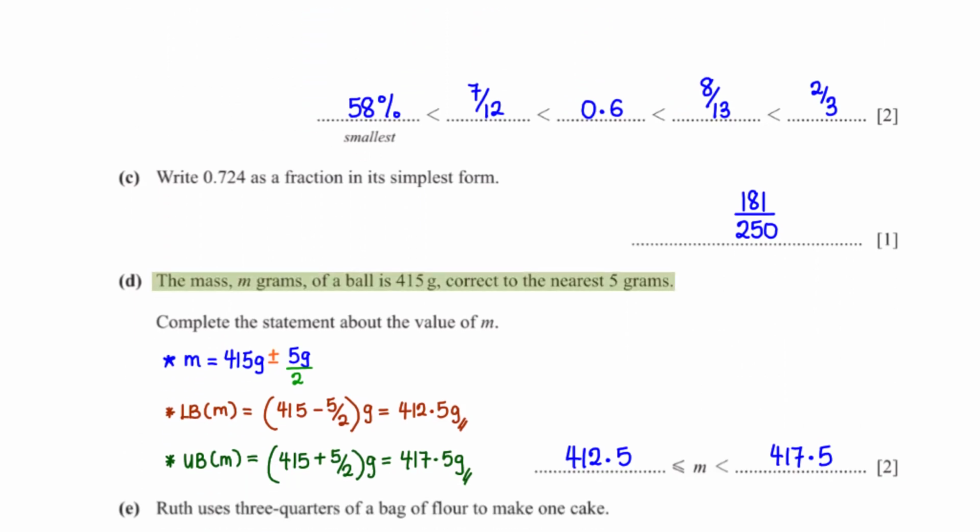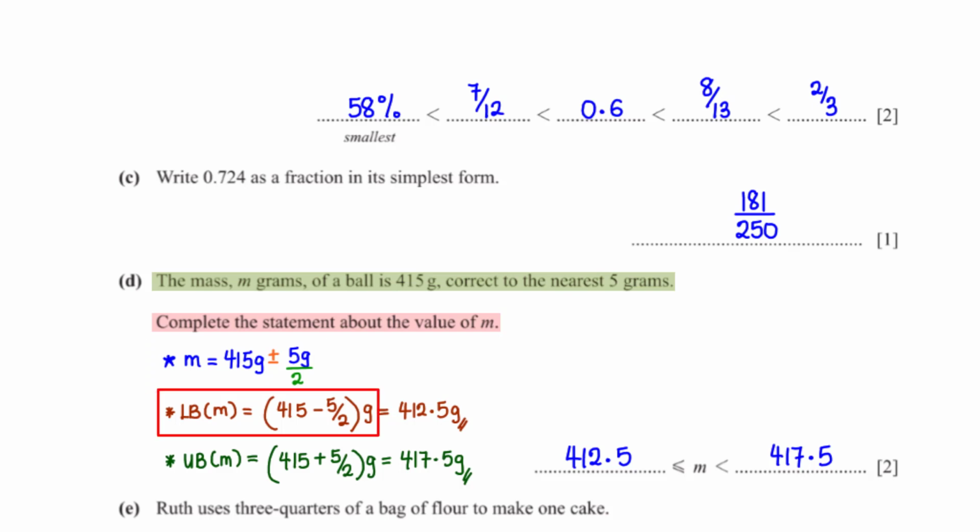The mass m grams of a ball is 415 grams, correct to the nearest 5 grams. Complete the statement about the value of m. To correct the mass to the nearest 5 grams, we have 415 grams plus and minus 5 grams divided by 2.